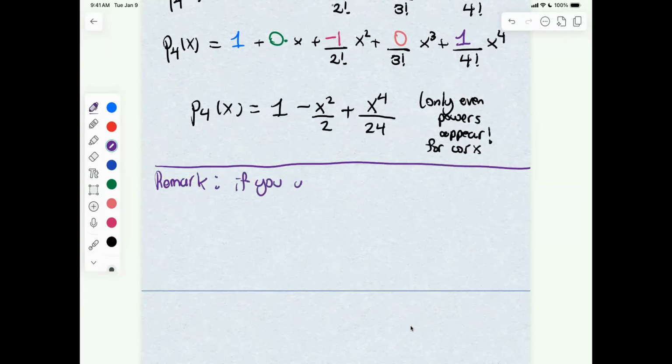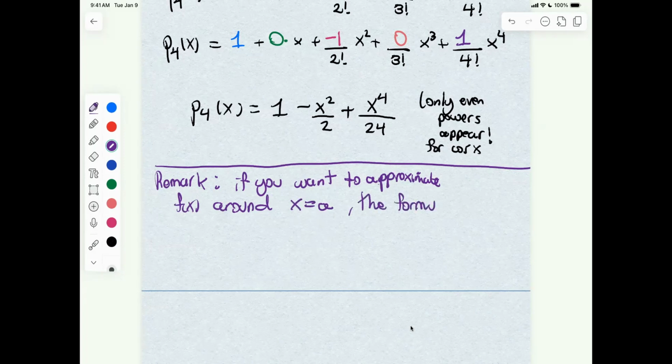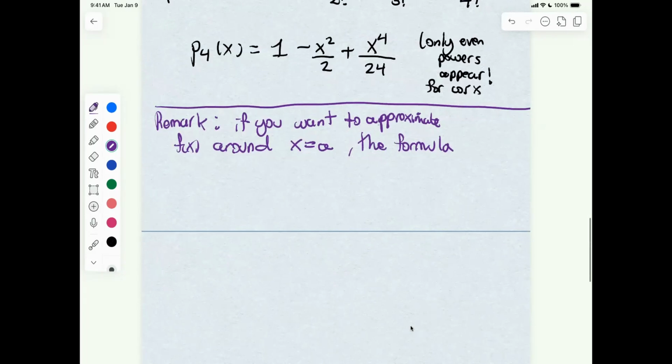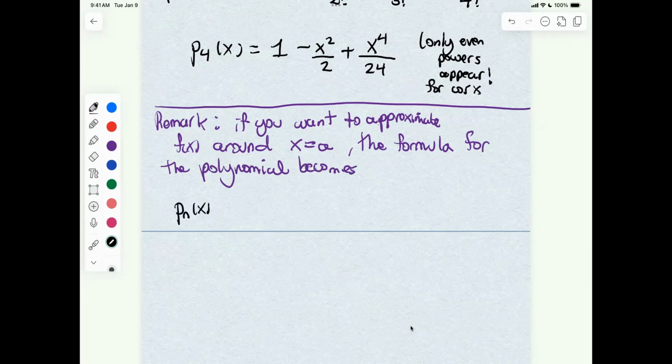if you want to approximate around x equals a, the formula for the polynomial becomes, and once I write it, you'll see it's pretty intuitive.